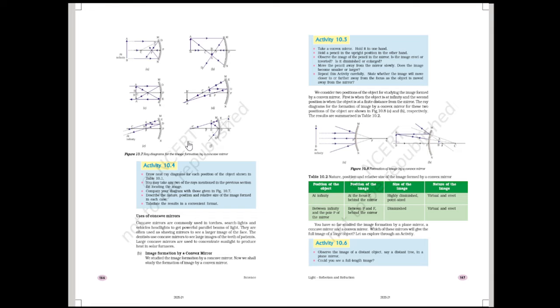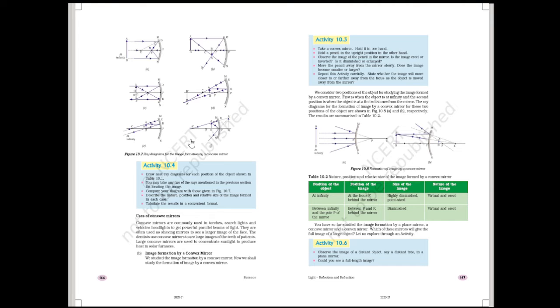Light cannot cross you. If you come in front of a spherical mirror and come closer, between the focus and the pole, the ray will not pass through the focus.